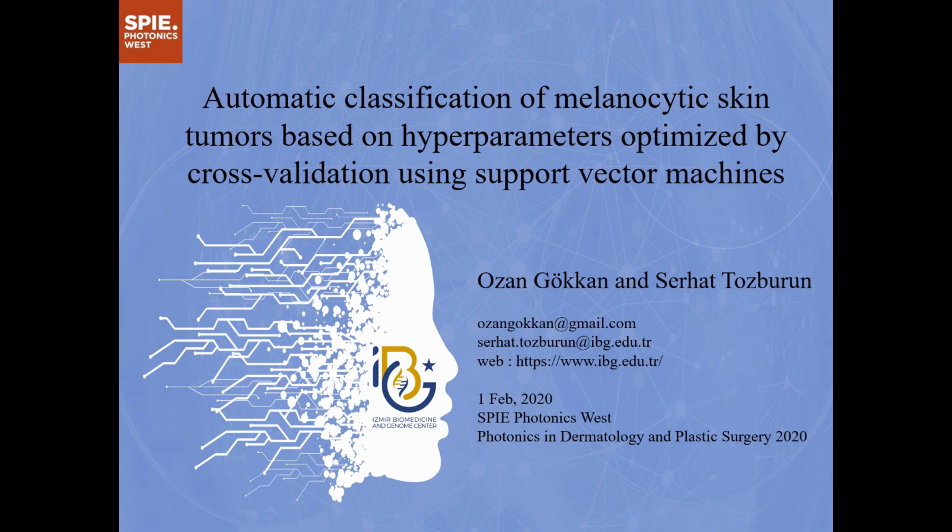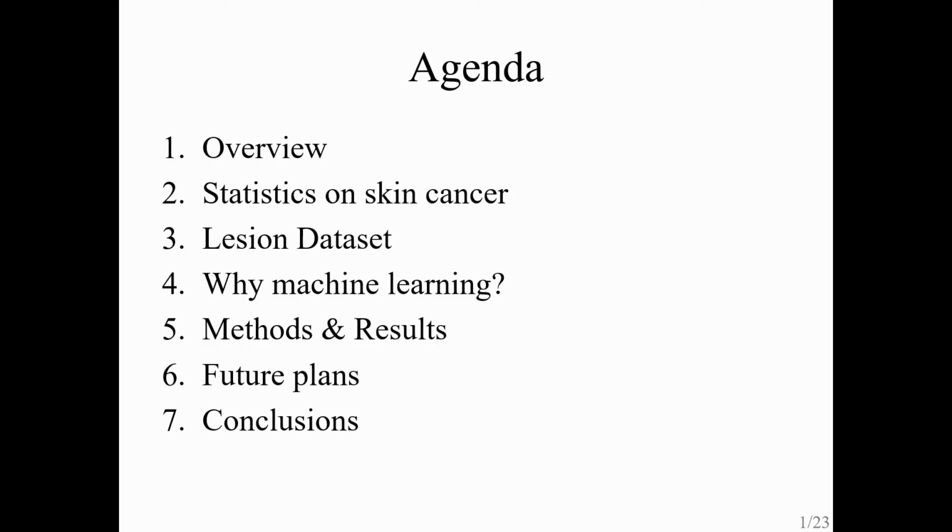Skin cancers are an aggressive type of cancer, so we have to prevent them. That's why, in terms of contributing to clinical applications, we investigate the capability of artificial intelligence-based developments using machine learning.